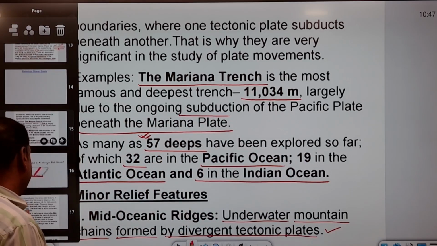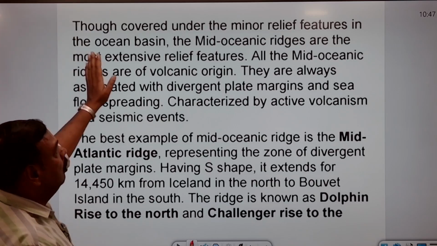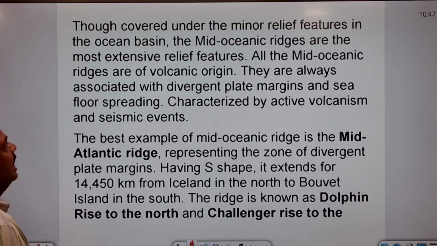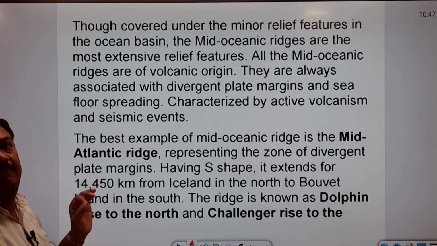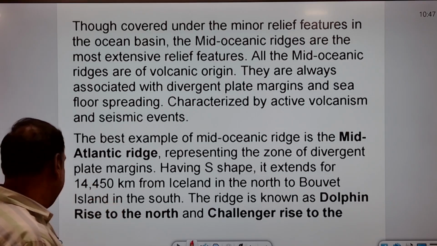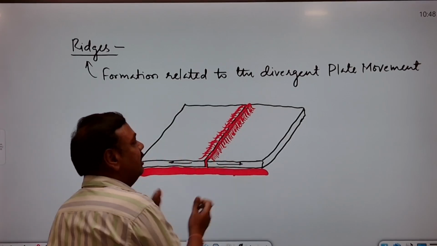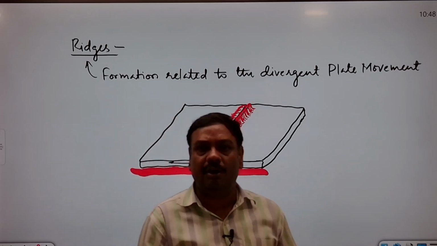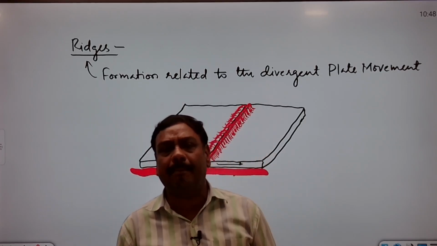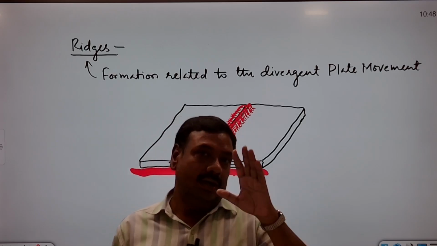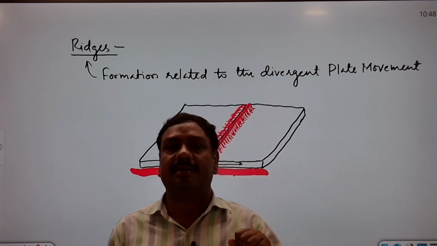Okay. Now we will see here, though covered under the minor relief features in the ocean basin, the mid-oceanic ridges are the most extensive relief features. How are they extensive? Because when two plates are diverging from each other, obviously these plates are not simple slabs of rocks.